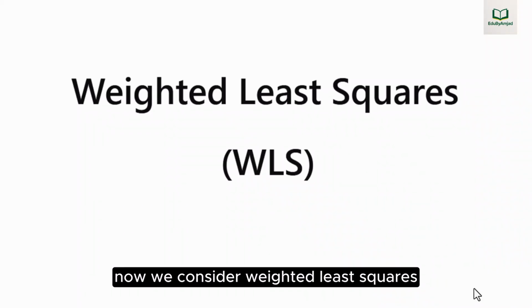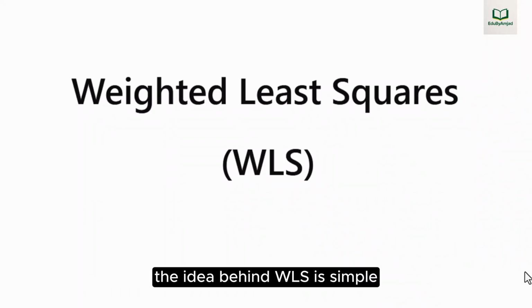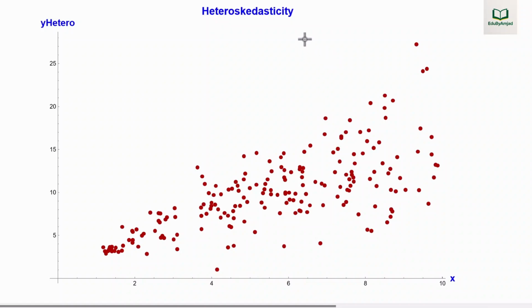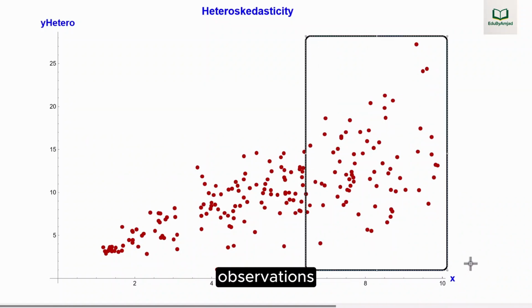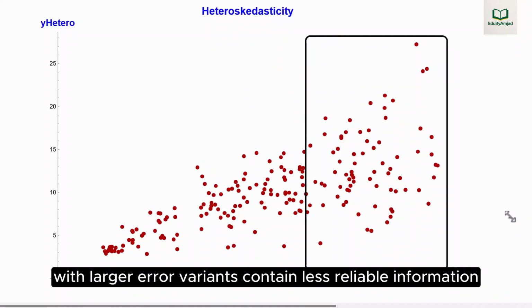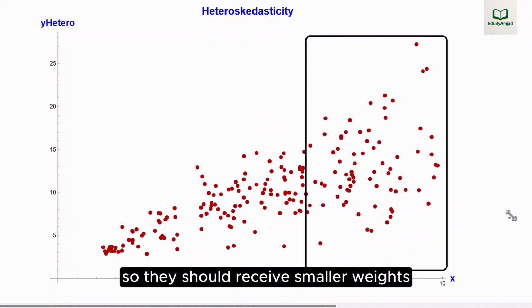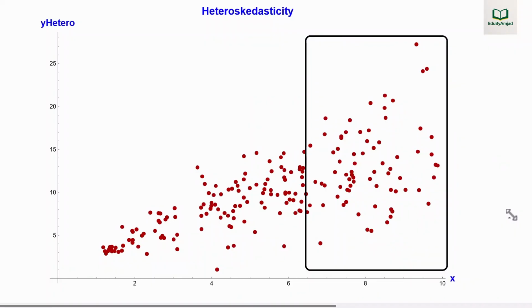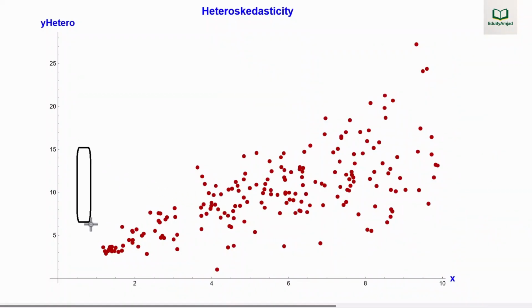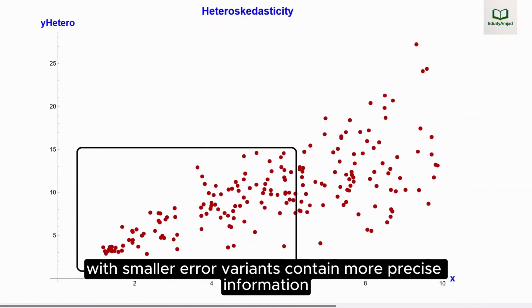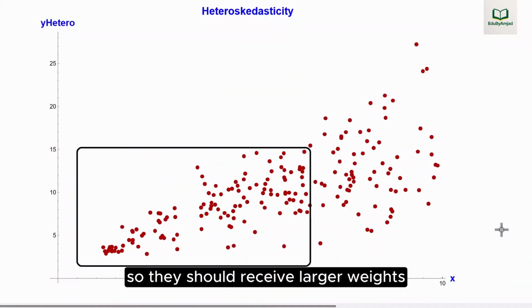Now we consider weighted least squares. The idea behind WLS is simple. Observations with larger error variance contain less reliable information, so they should receive smaller weights. Observations with smaller error variance contain more precise information, so they should receive larger weights.